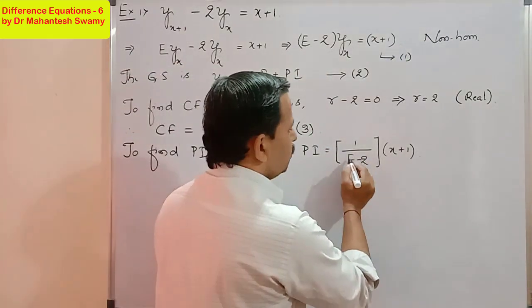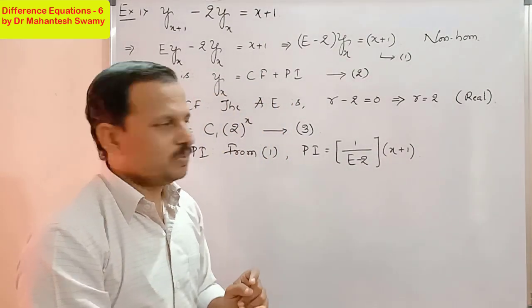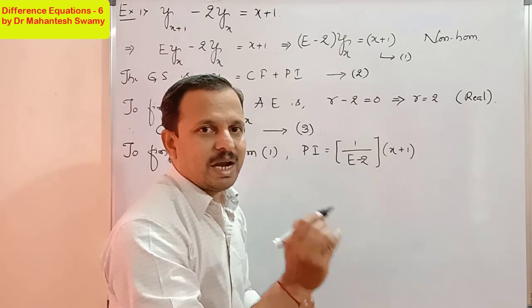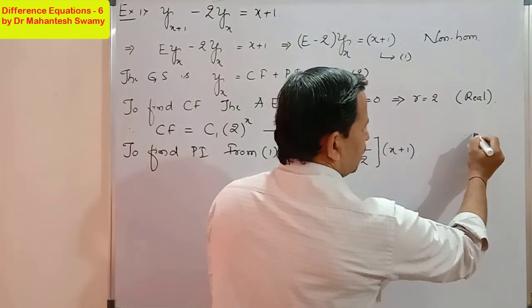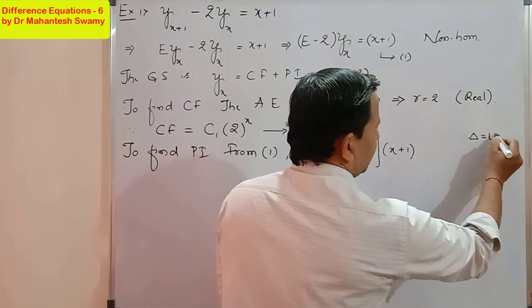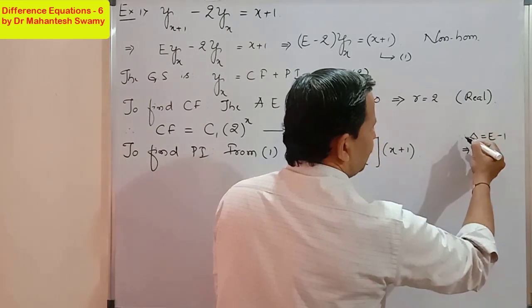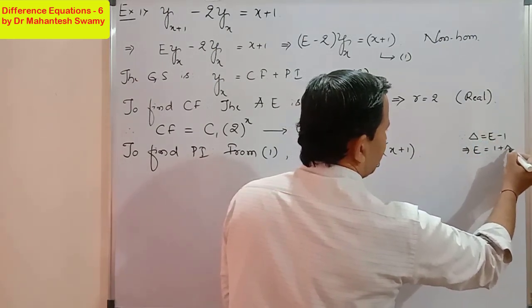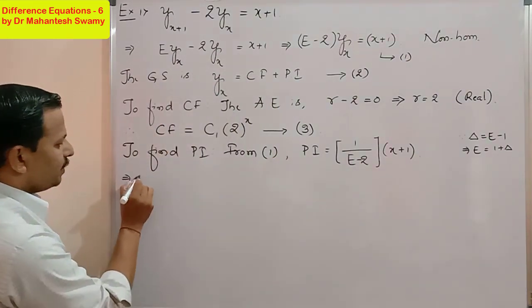Now we have to replace this E by 1 + Δ, since we know that Δ is equal to E - 1, this important thing, it implies E is equal to 1 + Δ or Δ + 1. So let us substitute that over here.